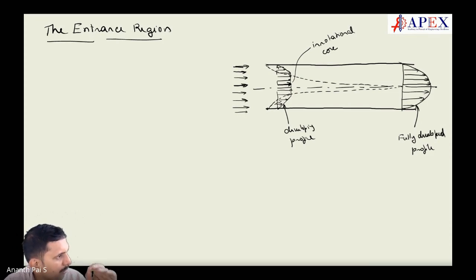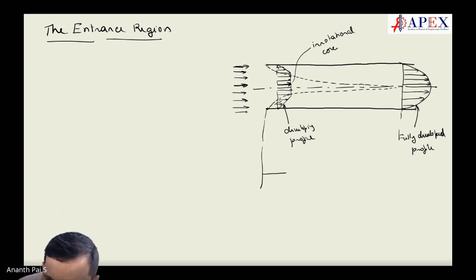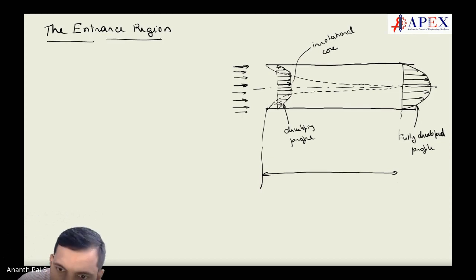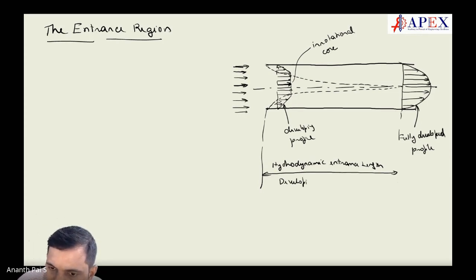In pipe flow, the irrotational core is found in the developing region. So from here to here, this is called the developing region, or it is also called the hydrodynamic entrance length or developing length.